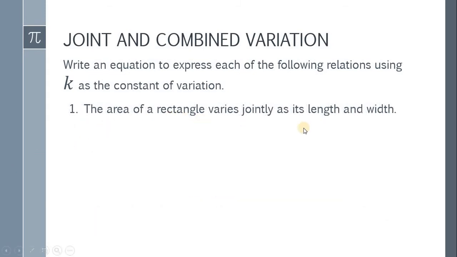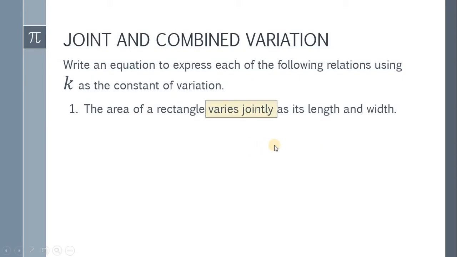Now, let us answer number 1. The area of the rectangle varies jointly as its length and width. Now, kagaya ng ginagawa natin sa direct variation and inverse variation, kukunin lang natin yung mga clue words dito. In this case, meron tayong area, so represent natin siya as A. We have the length and the width, so represent natin siya as L and W. Next, yung main clue natin dito is yung word na varies jointly.